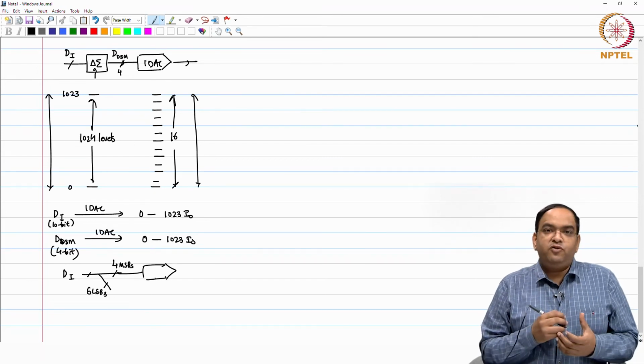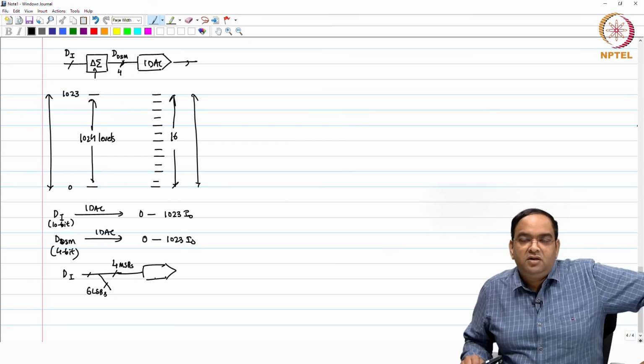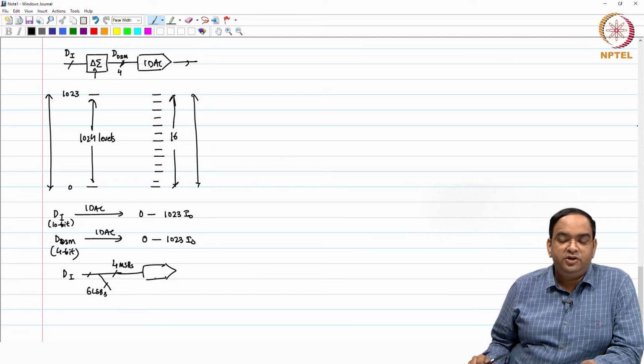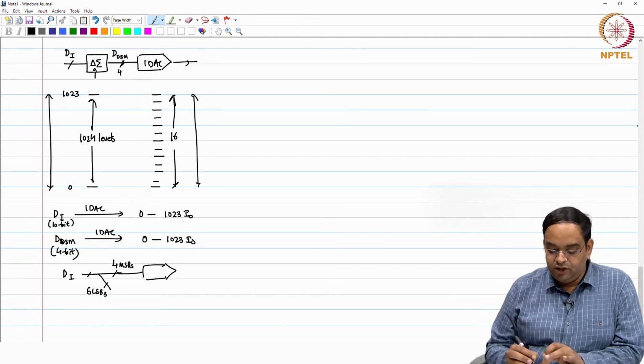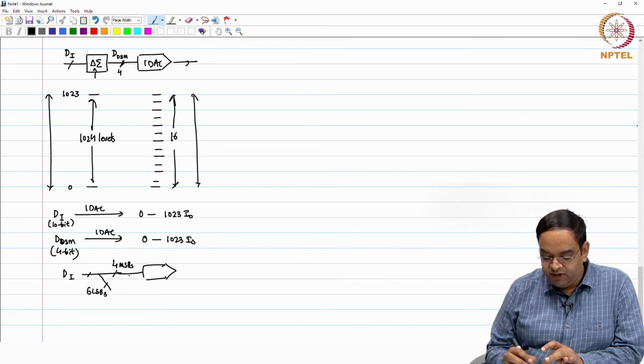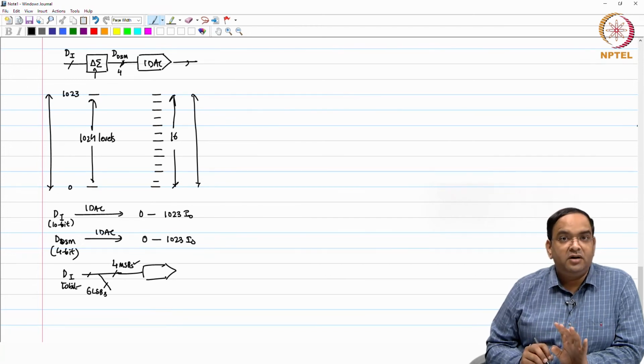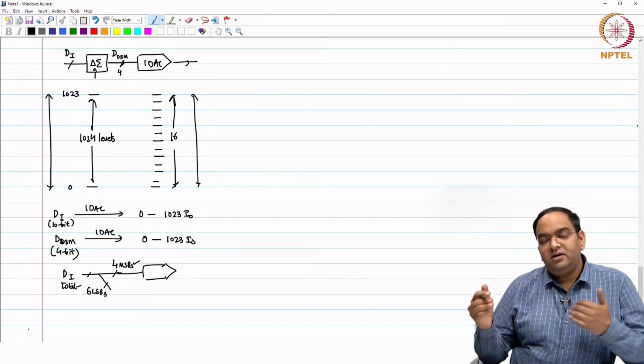So, if you have only 4 MSBs, then you need only 4 binary weighted current sources, or maybe 16 current sources with the same unit element. So, this is one way of changing from a 10-bit number to a 4-bit number while maintaining the range.